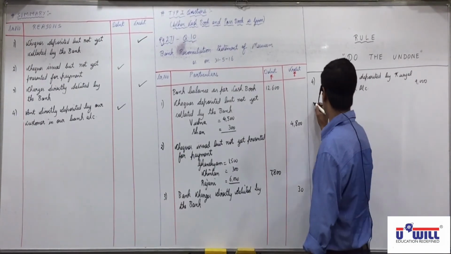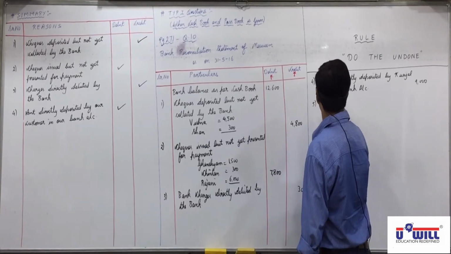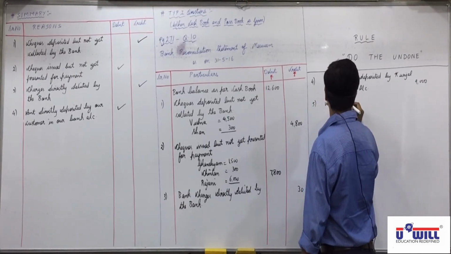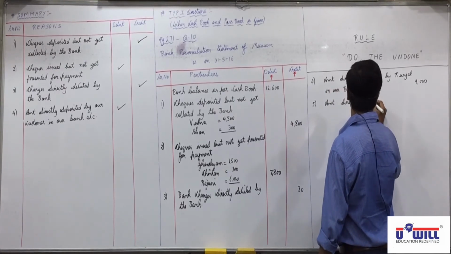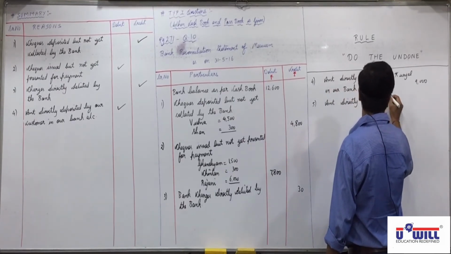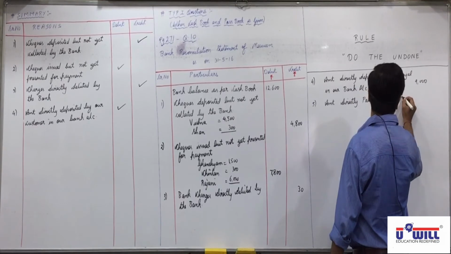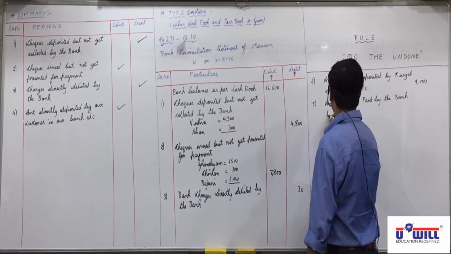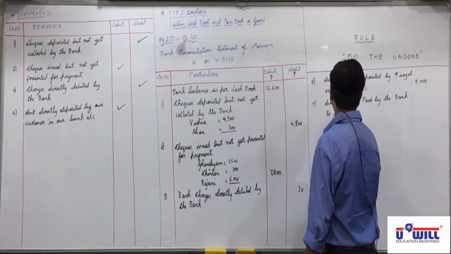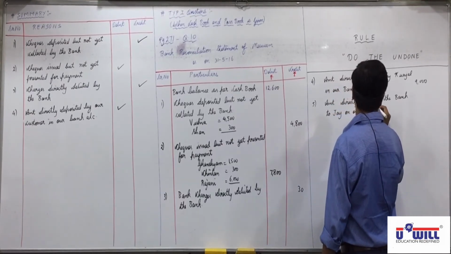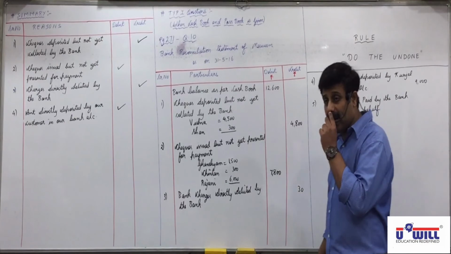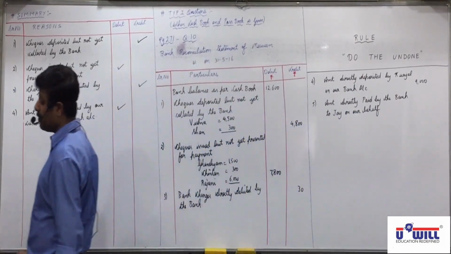So fifth reason: amount directly paid by the bank to Jay on our behalf.